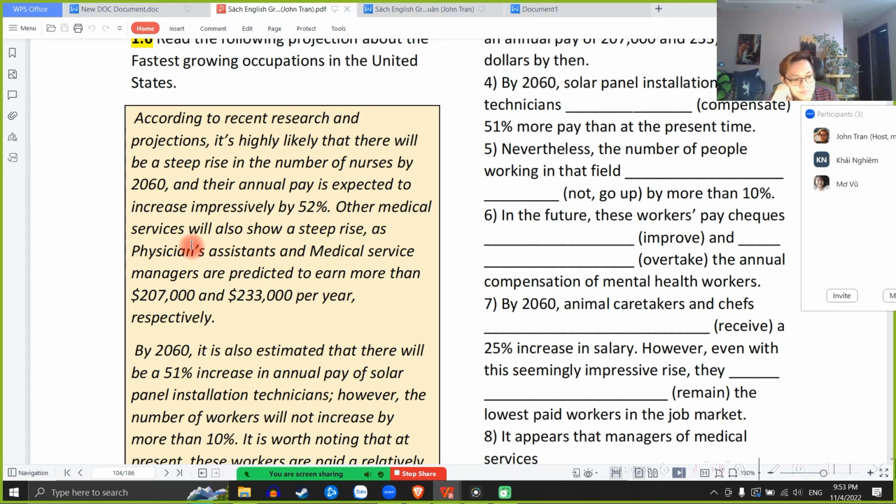Other medical services will also show a steep rise.